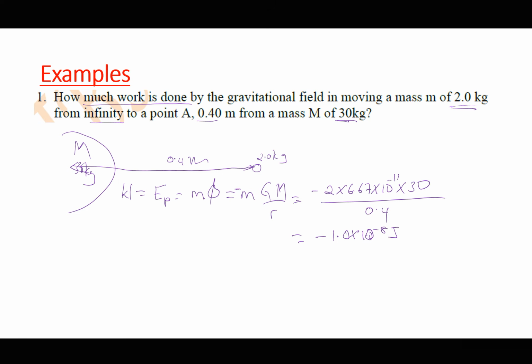So we have used 6.67, we have used 30 as the larger mass, and we have used 0.40 as the distance between the large mass and the small mass.